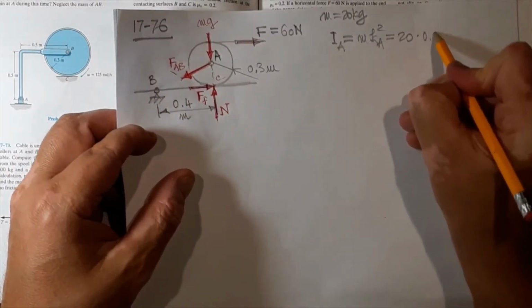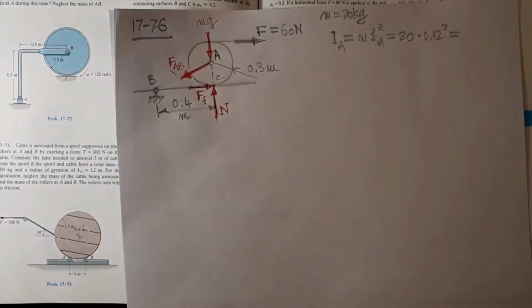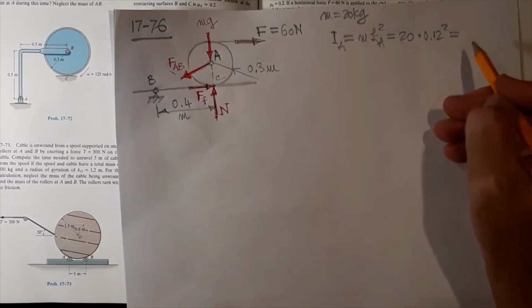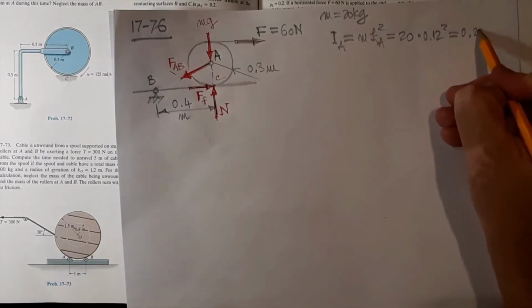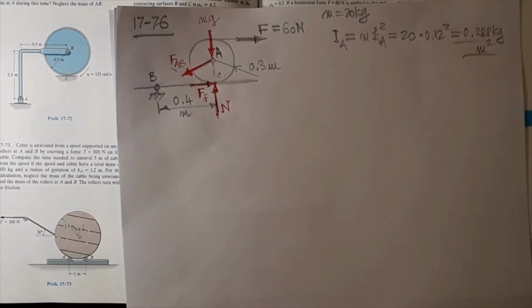So 20 times 0.12 squared, which is 0.288 kilogram meters squared. So we have the moment of inertia.